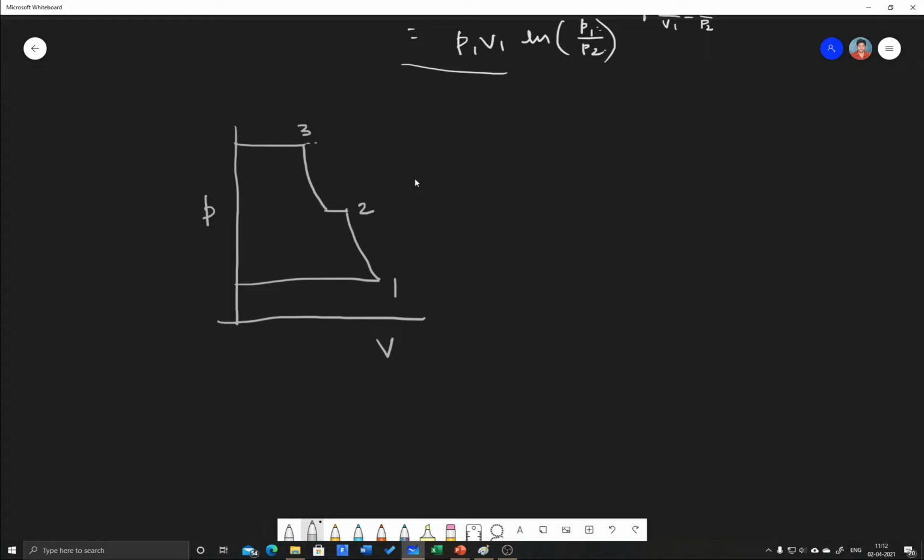So if it is done in one stage, this curve will be elongated like this. So this much amount of work is being saved by multi-stage compression. Okay, this pressure is known as intermediate pressure or intercooler pressure.